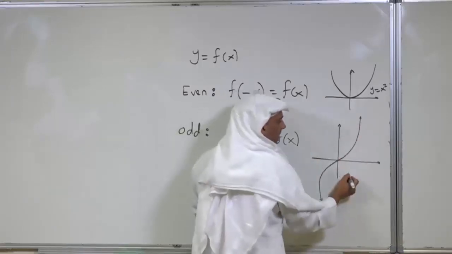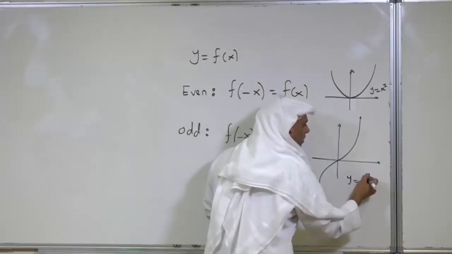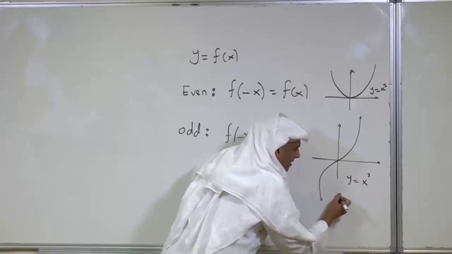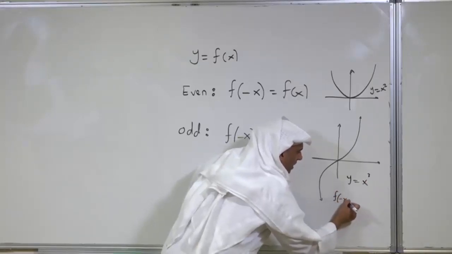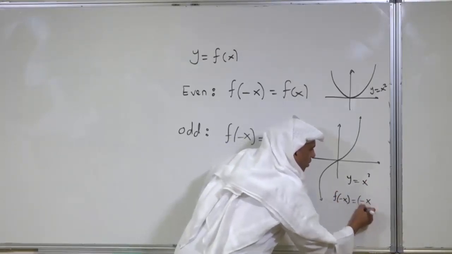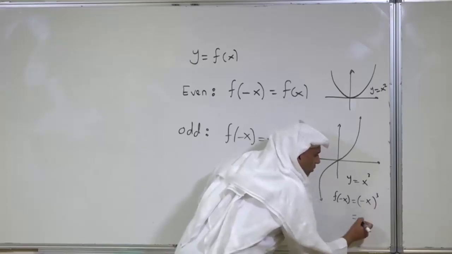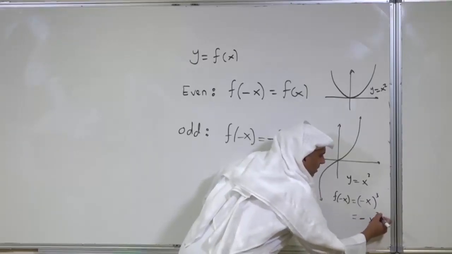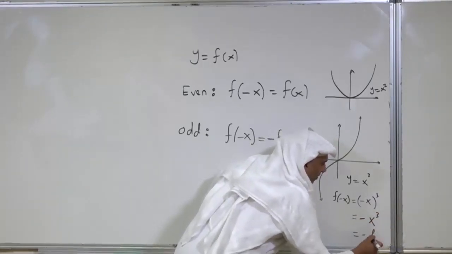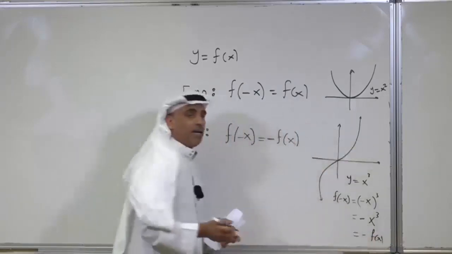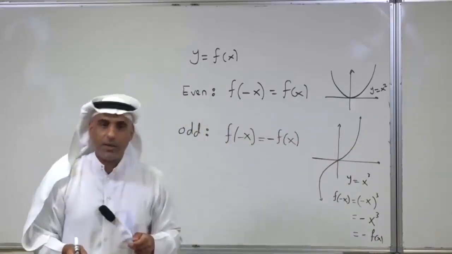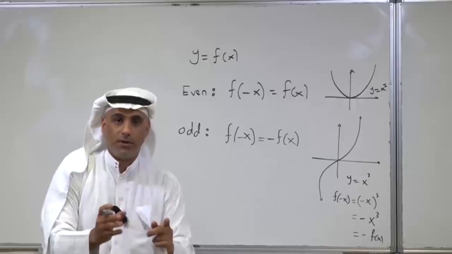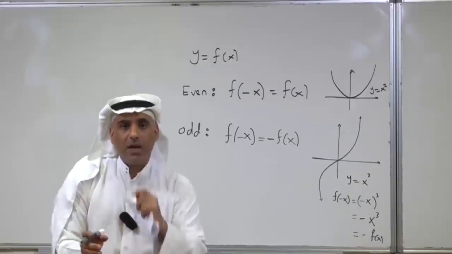If you replace x by minus x, f of minus x will be minus x cubed, which is equal to minus f of x. In this case, we say y equal to x cubed is said to be an odd function.